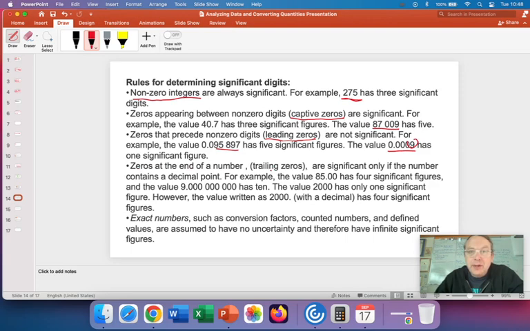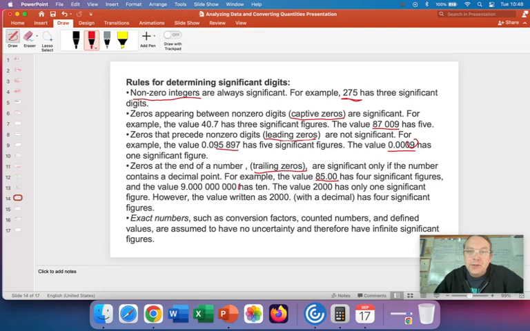Zeros at the end of a number are called trailing zeros, and these are only significant if the number has a decimal point. For example, the value 85.00 has 4 significant figures because the 0.00 tells us how precise our measurement tool was. It could have measured up to 100th of a unit, and it's exactly on 85.00. So that's significant.